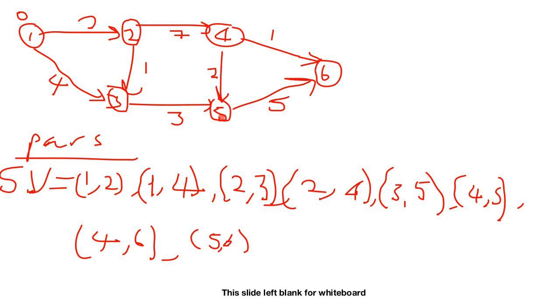Remember that the arrow is pointing to 5. Then the next ones are 4 to 6 and 5 to 6. So you must make sure that you exhaust all the arrows that we are having: 1, 2, 3, 4, 5, 6, 7, 8 arrows. That's why I have counted 1, 2, 3, 4, 5, 6, 7, 8. Is that okay, Evans? Have you now understood all that?